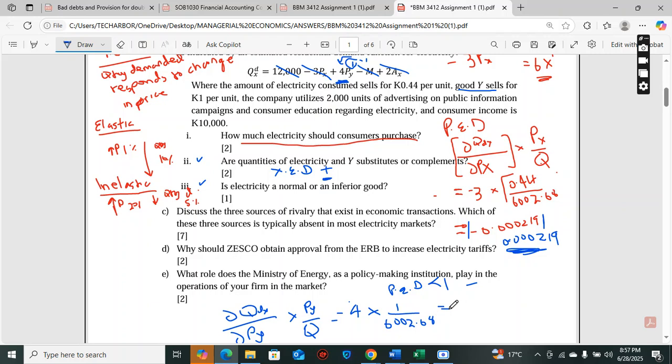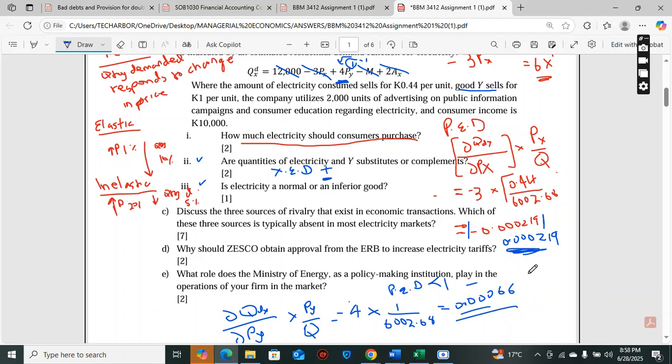So 1 divided by 6,002.68 is 0.000166, multiplied by 4, you get 0.0006.